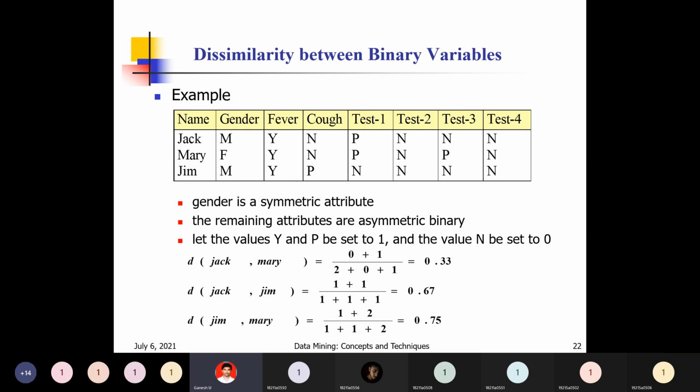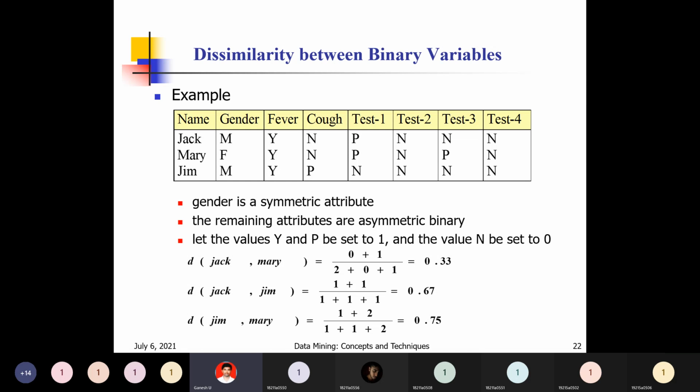Check once. Any yes-no combination in Jack and Mary? No. From fever to test 4, you can check, the yes-no, positive-negative combination is not there. That's why the Q value is 0.